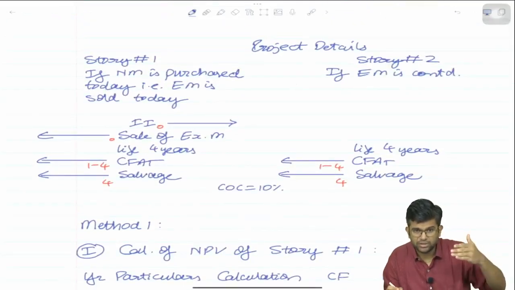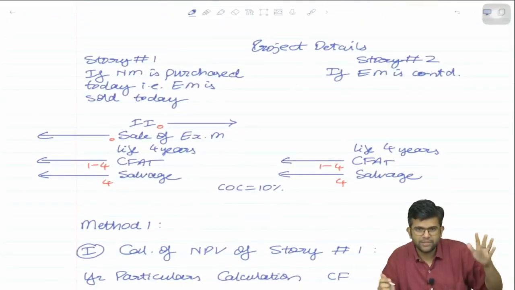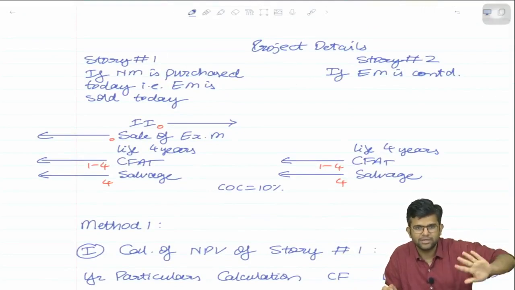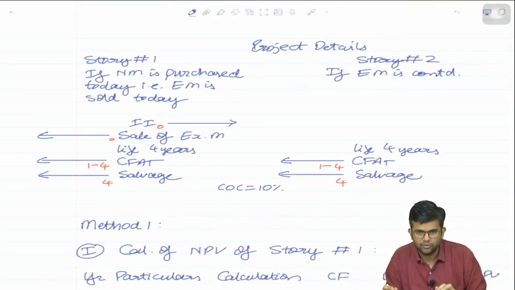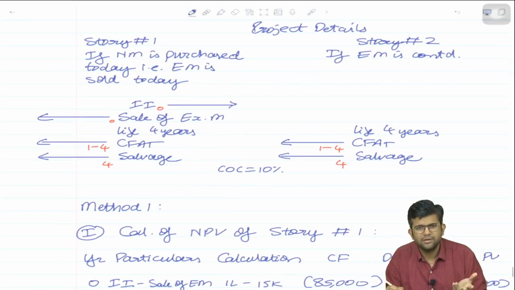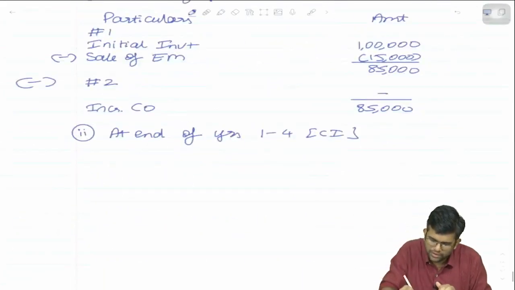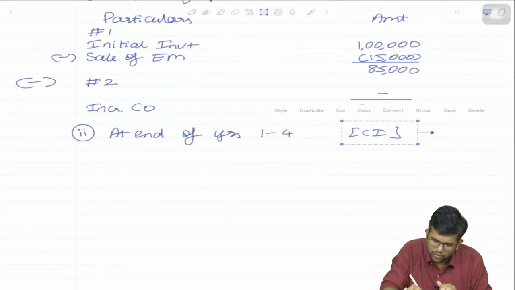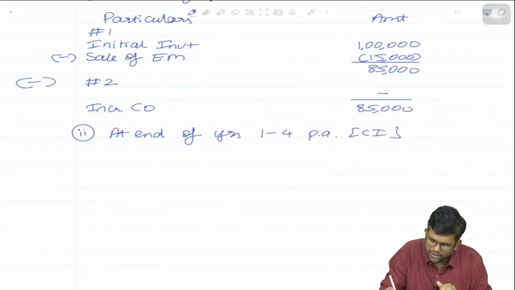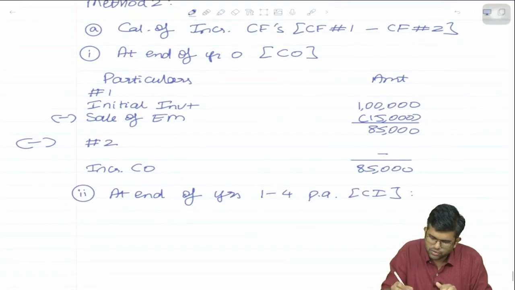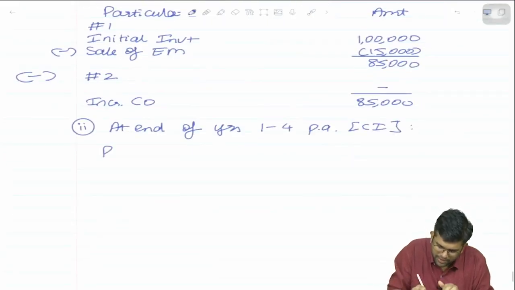If year 1 or 2 or 3 or 4 would have been separate, then year 1 separate calculation, year 2 separate calculation we would have to do. But here, because years 1, 2, 3, 4 all will be the same calculations, considering everything is per annum. Everyone clear? So here I am basically doing 1 to 4 per annum. Okay, ready everybody? All right. So I'll write here particulars.